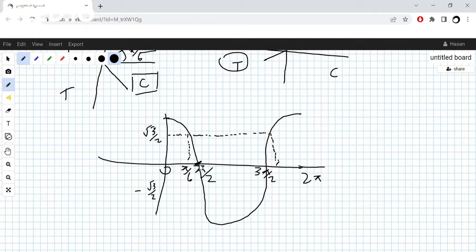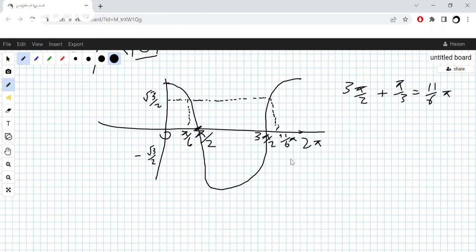Then you just find the same difference over here. So pi over 2 minus pi over 6 equals a third pi. So you just do 3 pi over 2 plus pi over 3, which would give you 11 over 6 pi.